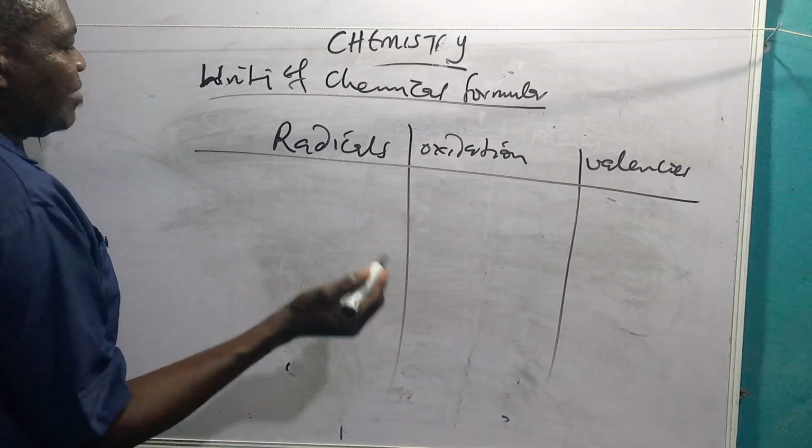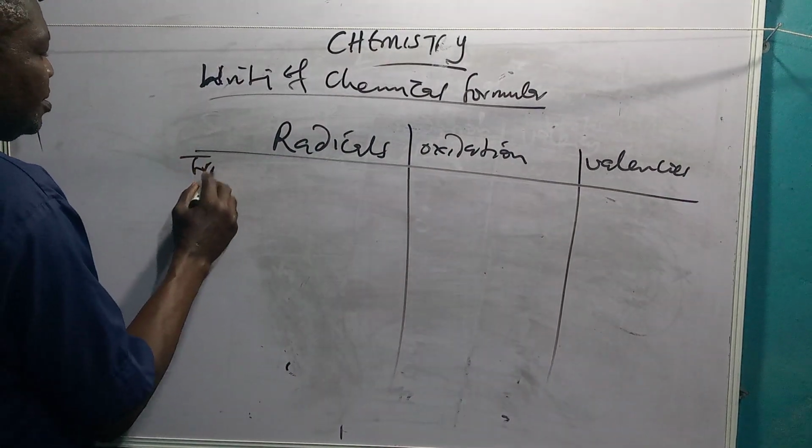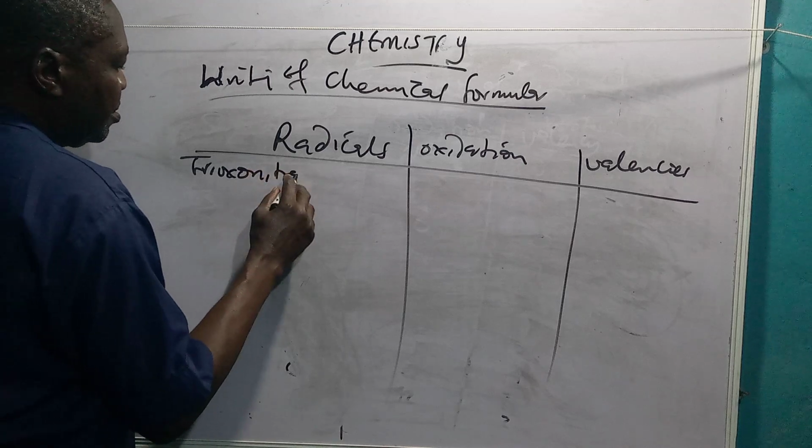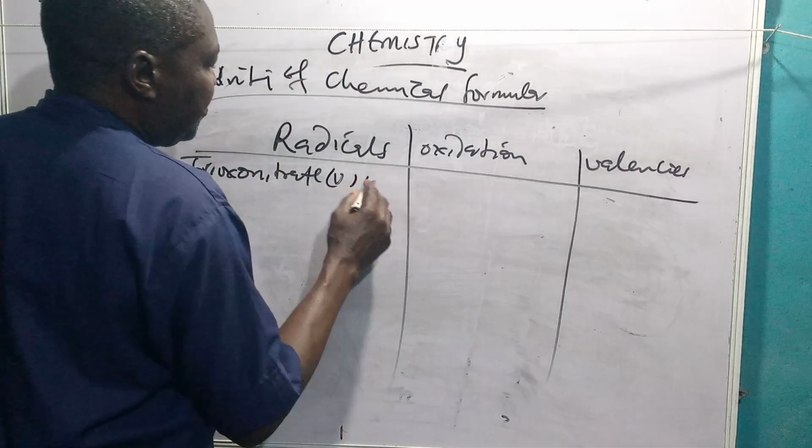We told you can have some radicals like trioxonitrate 5 ion.